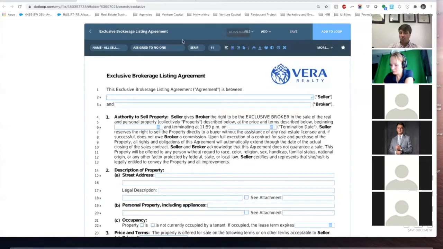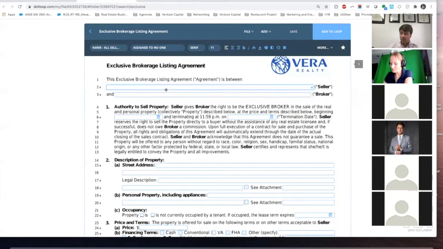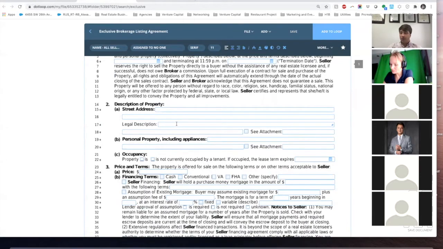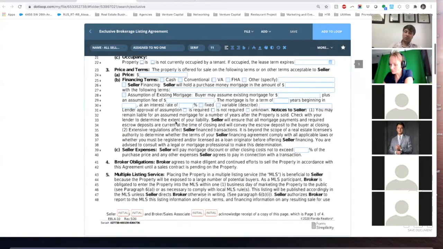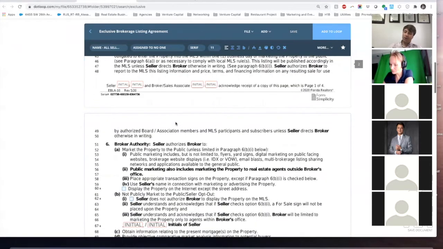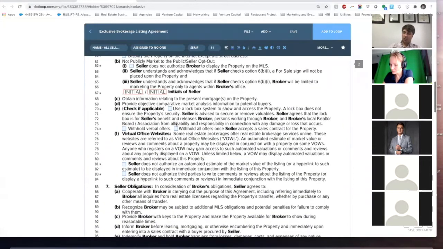So exclusive brokerage listing agreement is less beneficial for you because it limits you to the MLS and to the clients whom you offer the property. At the same time, the seller, the owner, can be advertising the property, asking his friends and family to go ahead and take a look at his property.